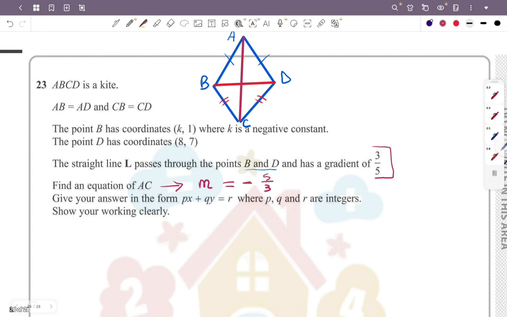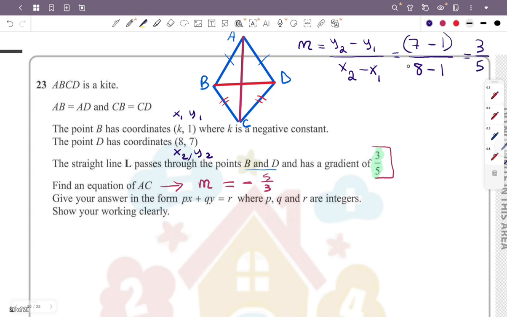The gradient, or slope, m equals (y2 minus y1) over (x2 minus x1). Here x1 is k, y1 is 1, x2 is 8 and y2 is 7. So 7 minus 1 over 8 minus k equals the gradient you have, 3 over 5.